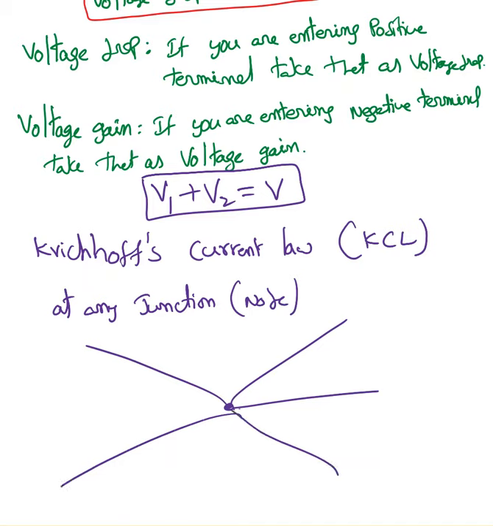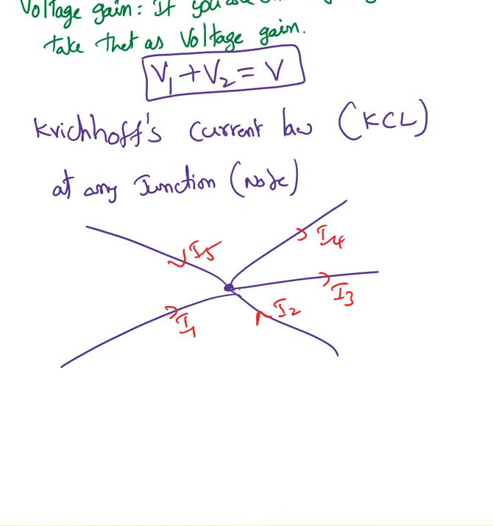Say for example I1 entering, I2 entering, I3 leaving, I4 leaving, I5 entering. Current coming in equals current going out.